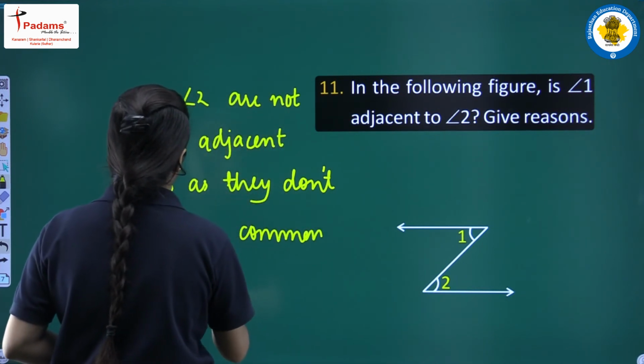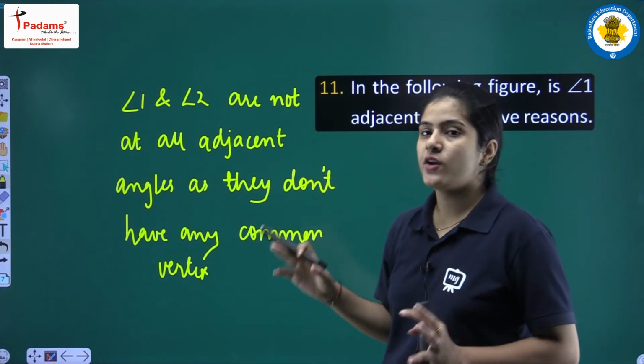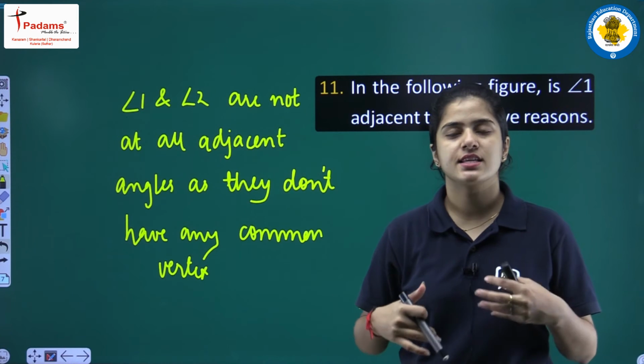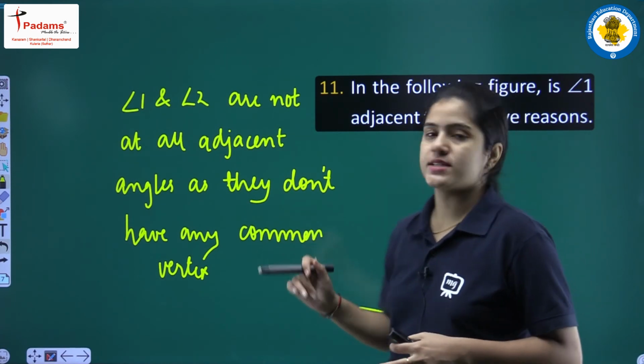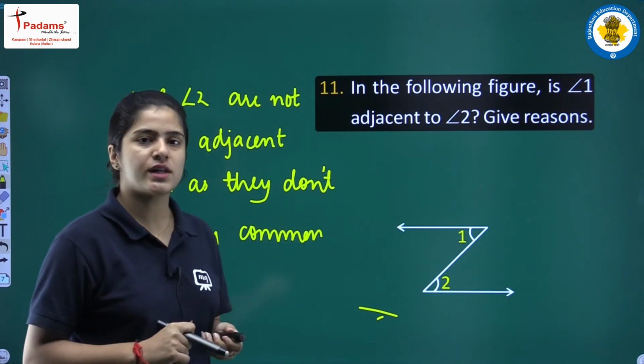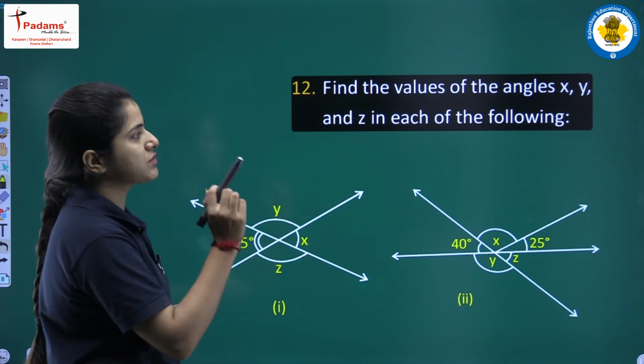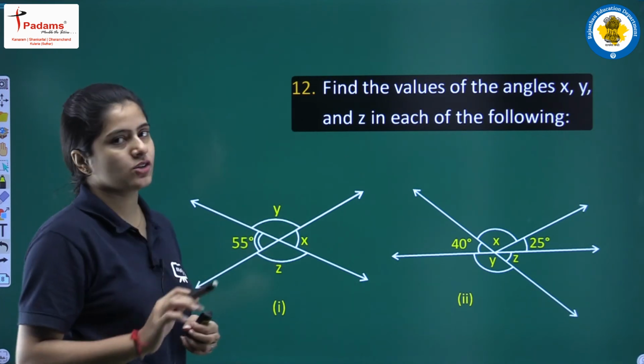Okay students, have a look. Angle 1 and angle 2 are not at all adjacent angles, as they don't have any common vertex. Okay students, this was your 11th question. Looking at the 12th question, students, what is the 12th question? Find the values of the angles x, y and z in each of the following.